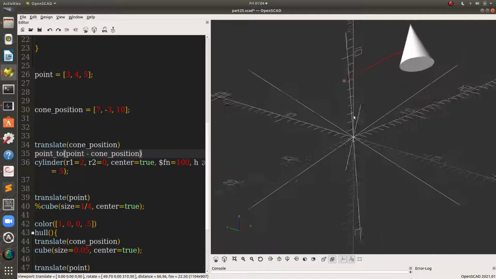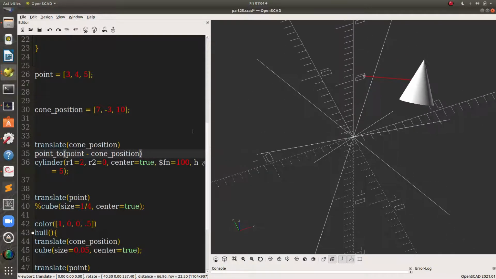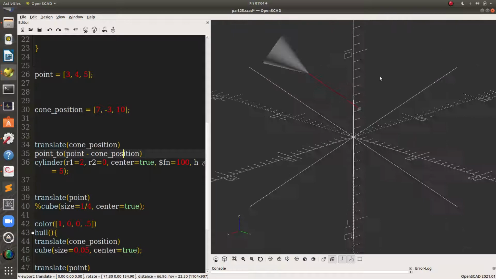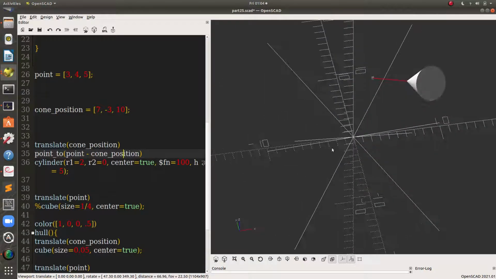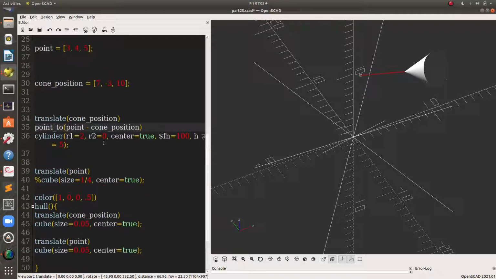So the point ends up in space somewhere over here, and then it goes back. So we have cone position, and there we go. Now it's pointing here.